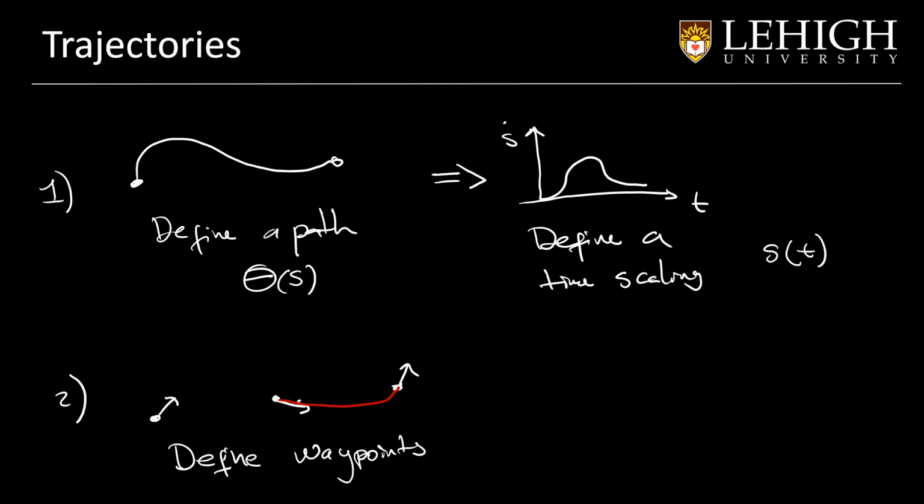In that case, what we are going to do is find directly the function theta, but it directly depends on t, and our work will be in finding that function.